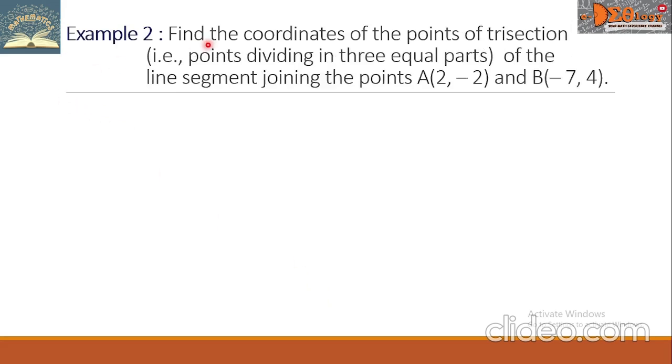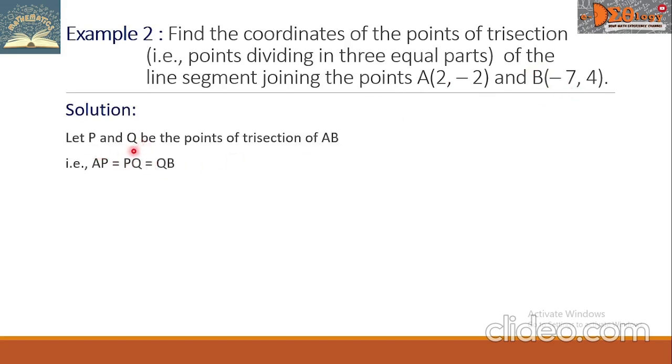Example 2. Find the coordinates of the points of trisection, that is, points dividing in 3 equal parts the line segment joining the points A, 2, -2, and B, -7, 4. Let P and Q be the points of trisection of the line segment AB, and that is AP equals PQ equals QB, as we can see in this figure.